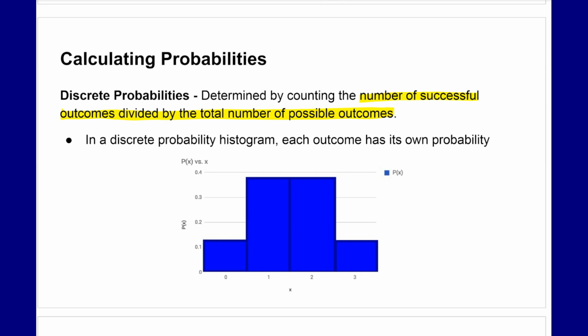In a discrete probability histogram, each outcome has its own probability, so 0, 1, 2, or 3. It is still a histogram because the bars are joined together with no spaces, but it's not a histogram in the normal sense that we're used to. We talked about that in previous lessons.